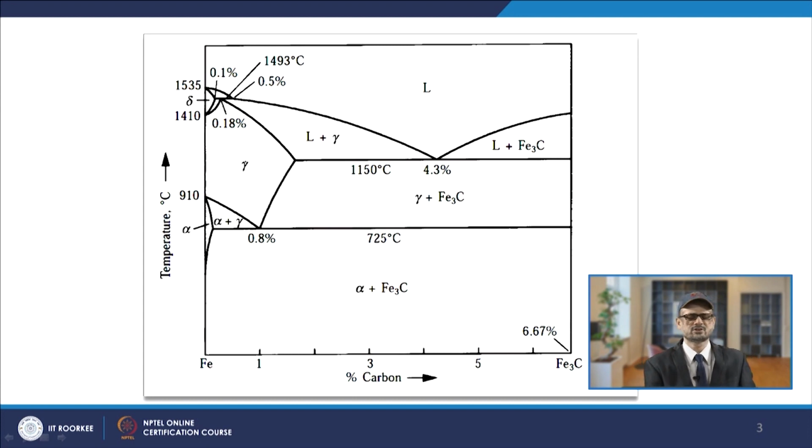Then this is one of the invariant reactions, and that reaction is nothing but the eutectoid reaction. So, gamma will be changing to alpha plus Fe3C on cooling.